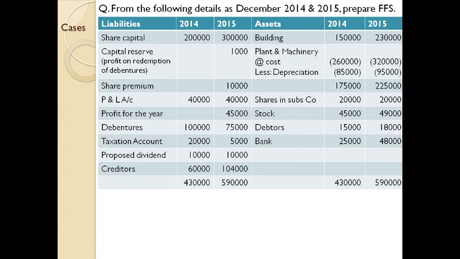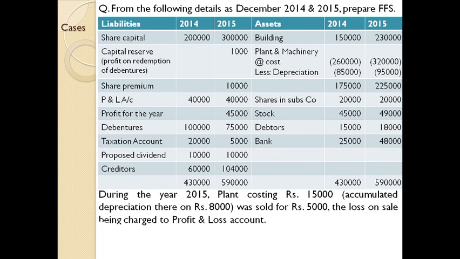Let us go with the additional information. There is nothing much information, only one. During the year 2015, plant costing rupees 15,000 was sold for 5,000. Loss on sale being charged to profit and loss account. We have dealt with a similar type of adjustment previously.